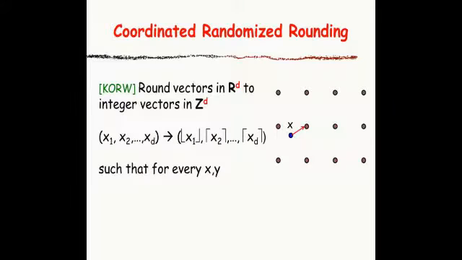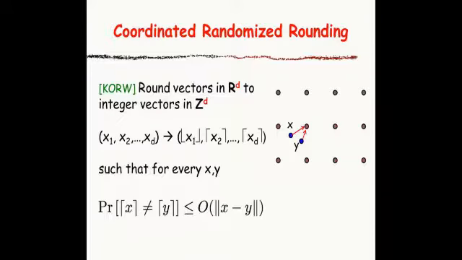So that's the problem. We want that for every 2 points, in a randomized strategy, a randomized rounding, the probability that they will not meet is related to their distance.